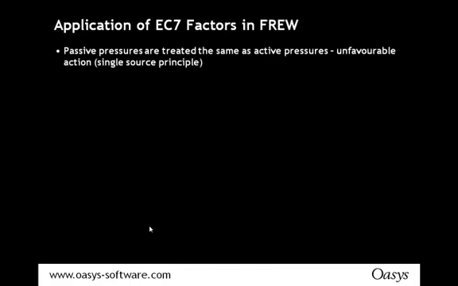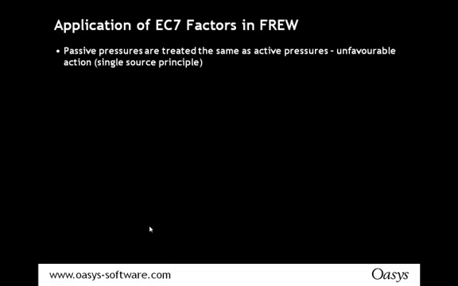So the passive pressures are treated the same as active pressures, and that is that they are an unfavorable action. Now, there's been a lot of discussion about this in the past, and there have been papers saying that passive pressures might be a favorable action, or resistance, for example.